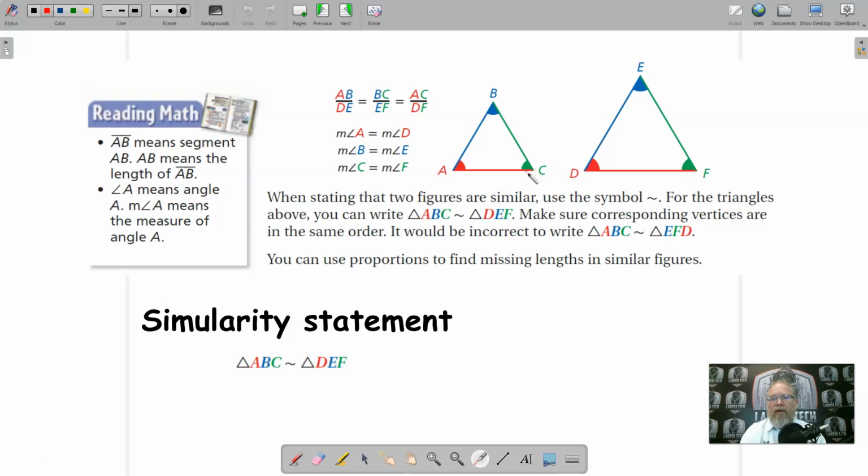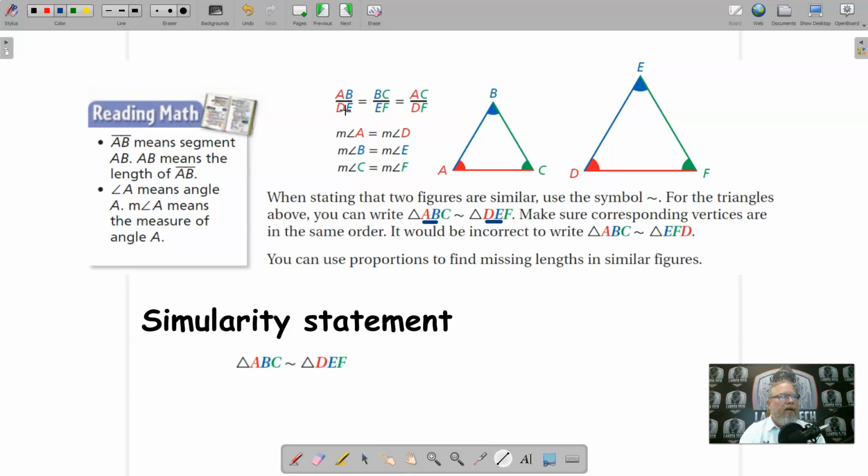Now we just need to know, are the sides proportionate to one another? Notice that AB is listed first, and a little bit of highlighting might help see this. We have AB and DE, the first and second. So I know that AB corresponds with DE. I think I said DF a second ago.